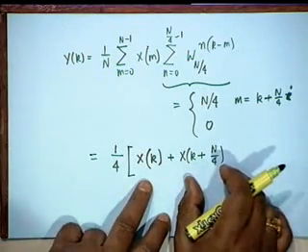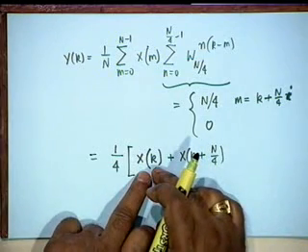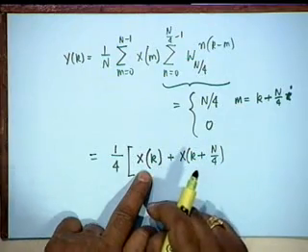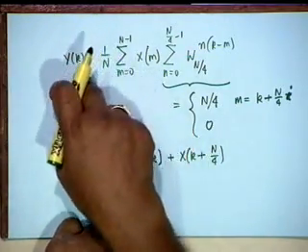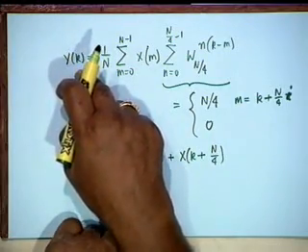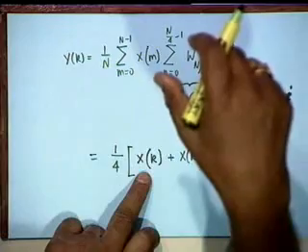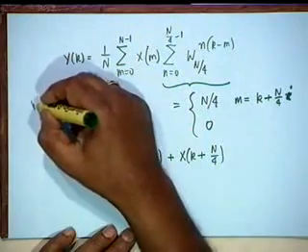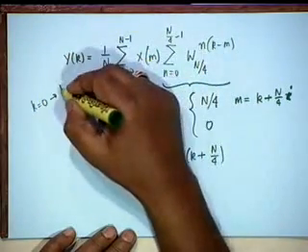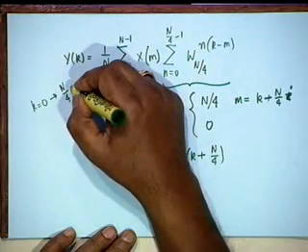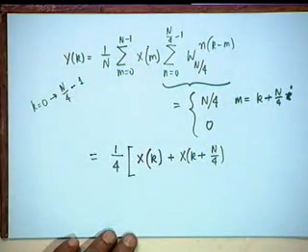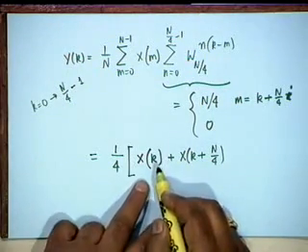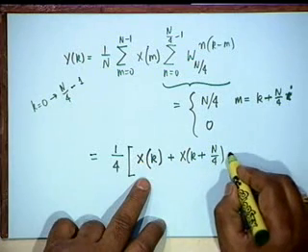Why is this required? Because x of k is computed only from 0 to n minus 1, whereas yk is required only for k equal to 0 to n by 4 minus 1. So xk is okay, then xk plus n by 4, how many such?